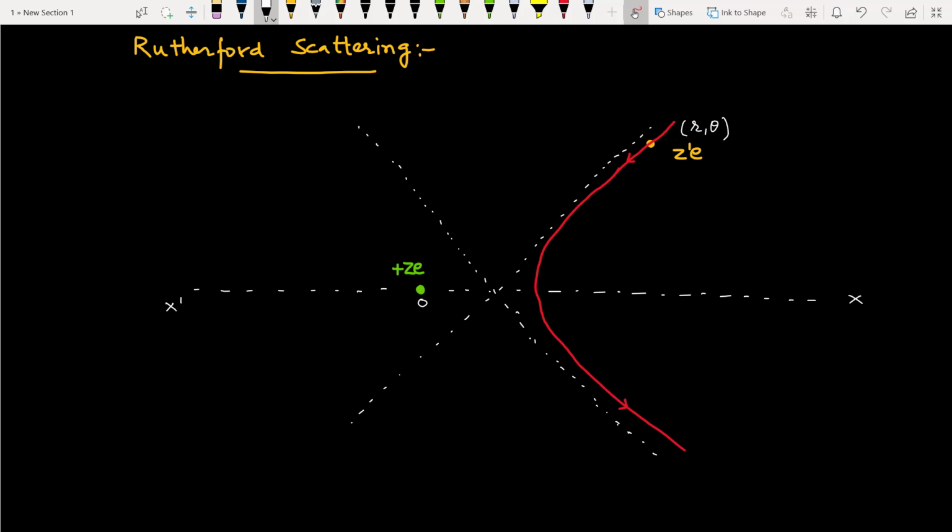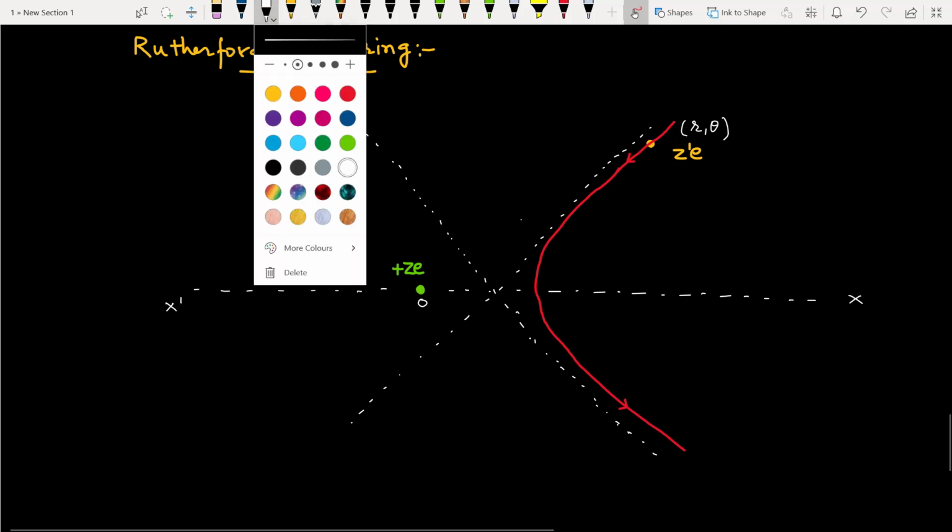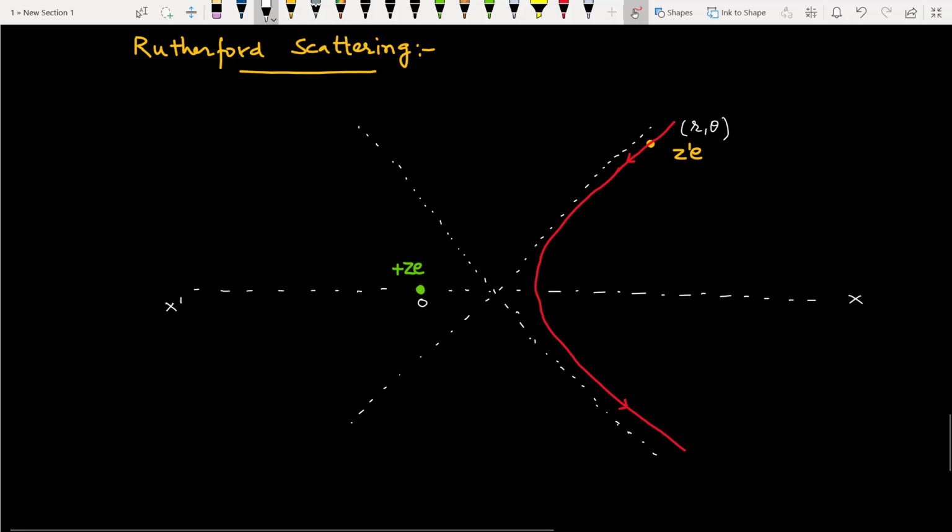So as the coordinates are r and theta from the nucleus, this separation will be r. Let this point be P, then OP will be equal to r, and let this angle be theta. This angle is theta, then this angle is also theta.